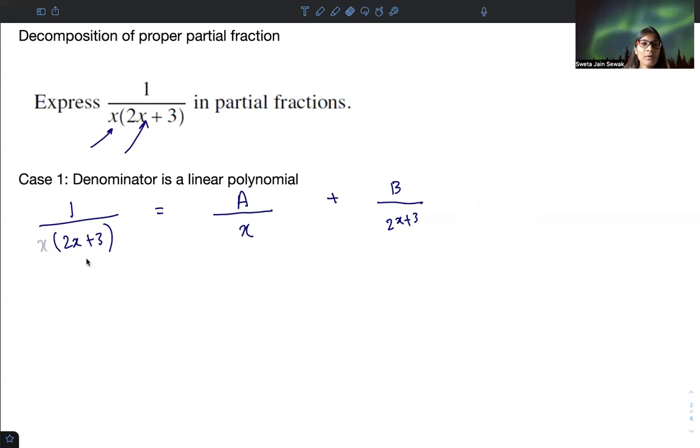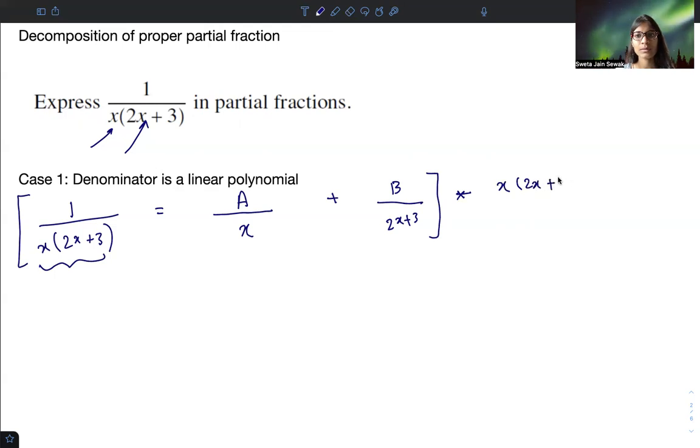Now how are we going to simplify this? Multiply both sides with the complete denominator, x multiplied with 2x plus 3.